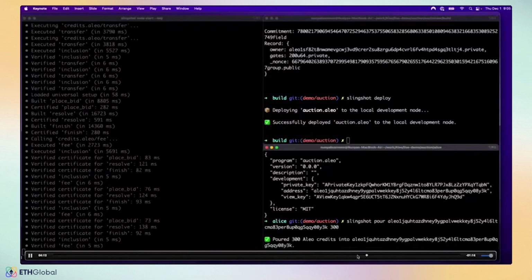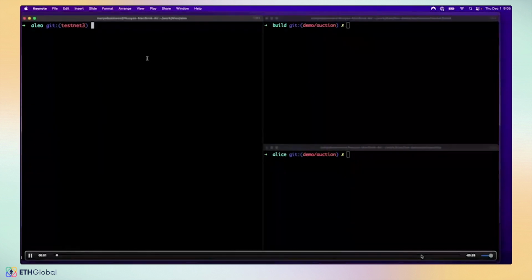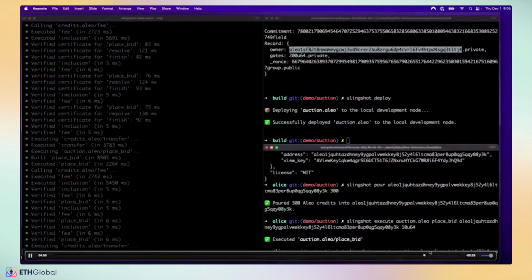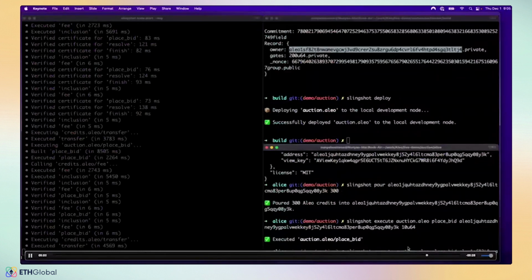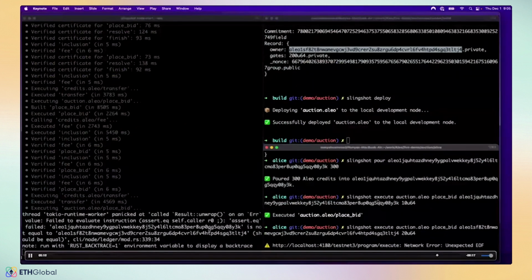But once it's done, we're able to deploy the program. Oh, and I guess it gets a little cut off here. That's too bad. I don't know if you can see the bottom left or bottom right, but essentially we call Slingshot execute, auction place bid.